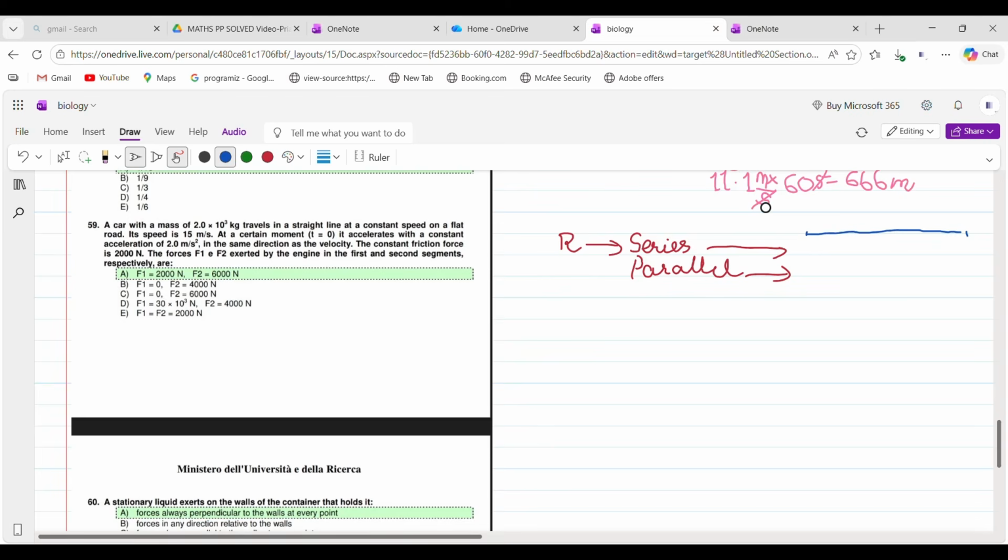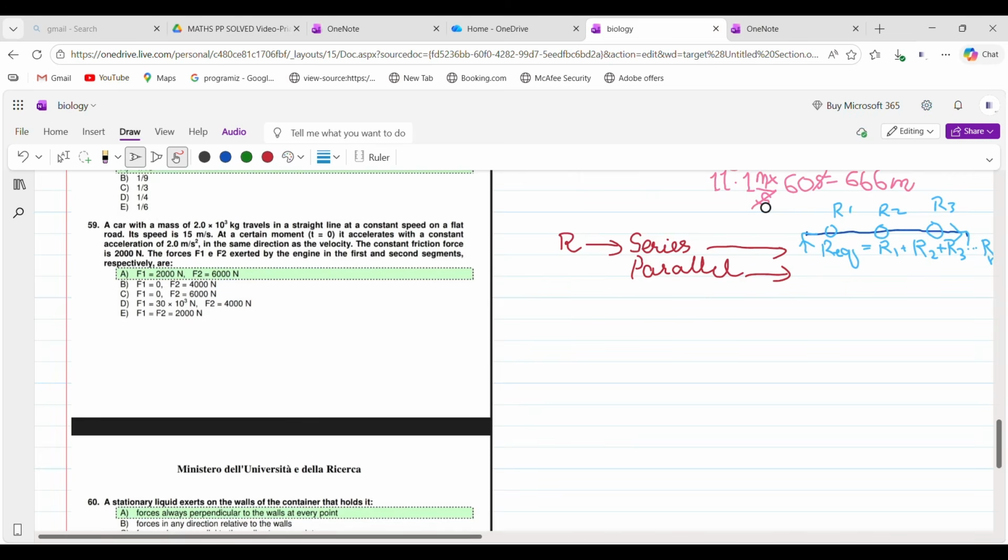For instance, one resistor, second resistor, third resistor. If the current is flowing from left to right, the current has to go through each of these resistors, which means in series the equivalent resistance is the effect of all the resistors. So R1 plus R2 and so on, up to however many resistors there are. You just have to add all those resistors to find your equivalent resistance in series.